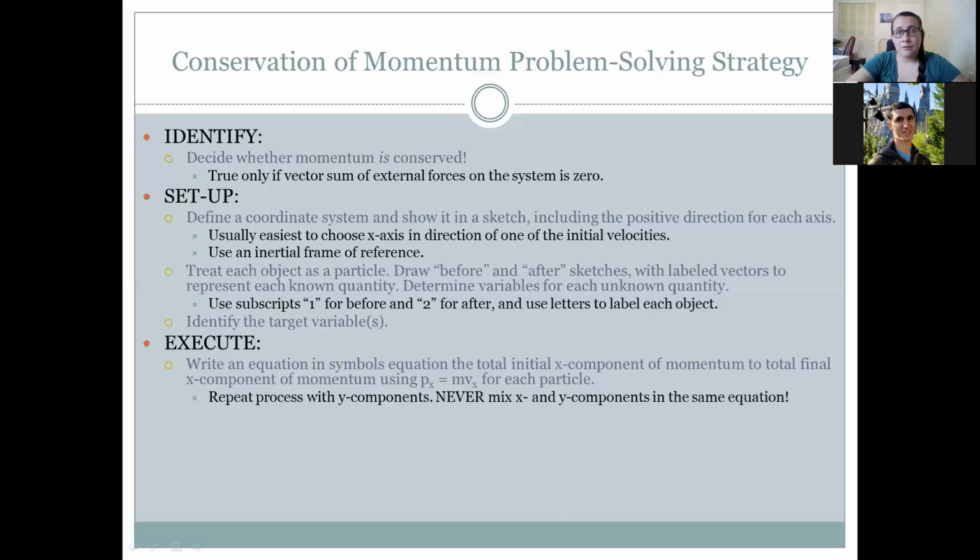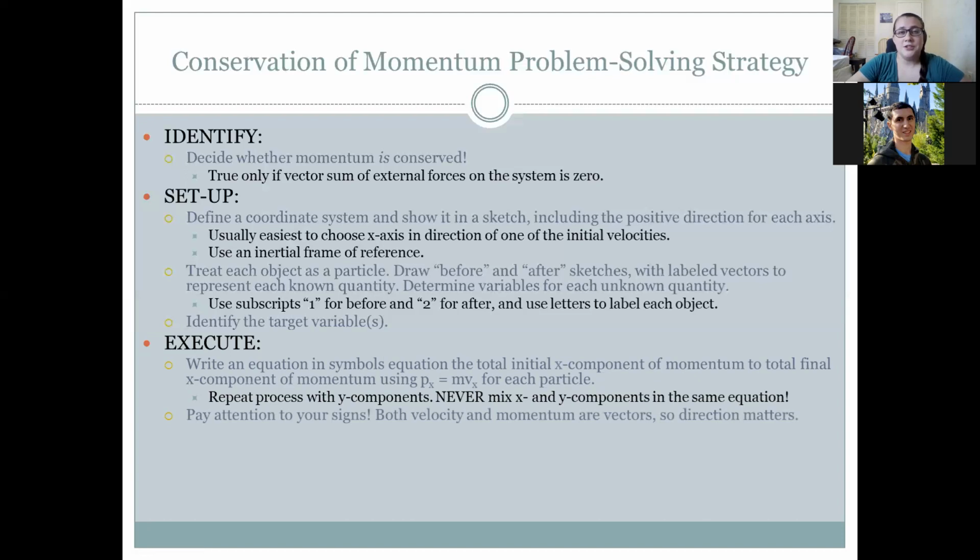So we will never mix our directions in the same equation. Okay, just like with kinematic equations and projectile motion and forces, pretty much every vector thing that we've done in the past, we always want to think about x and y separately. So we'll set up separate equations for those.